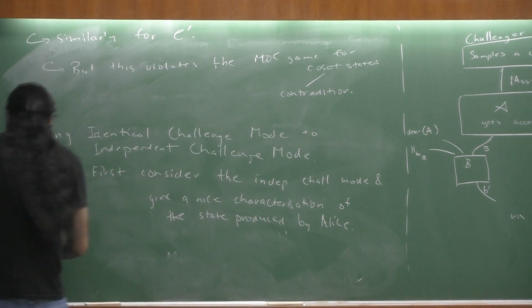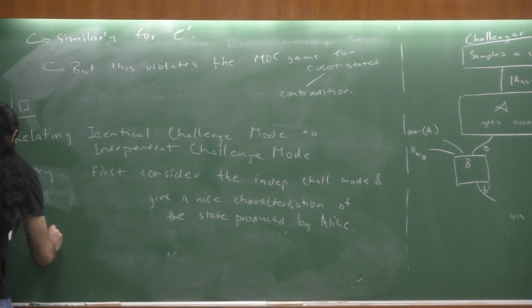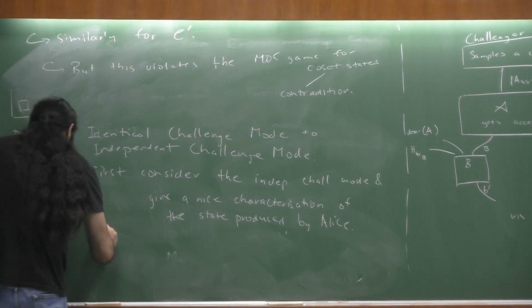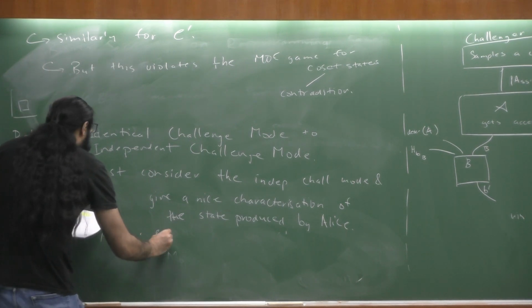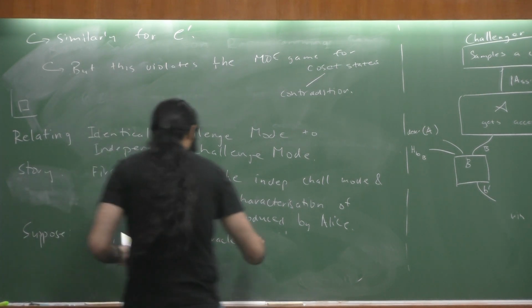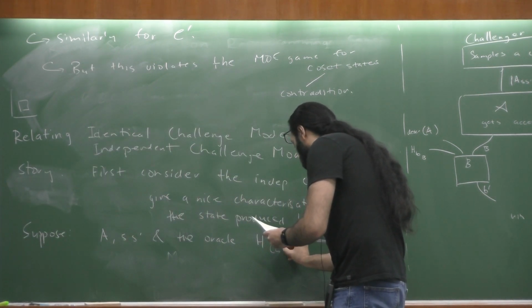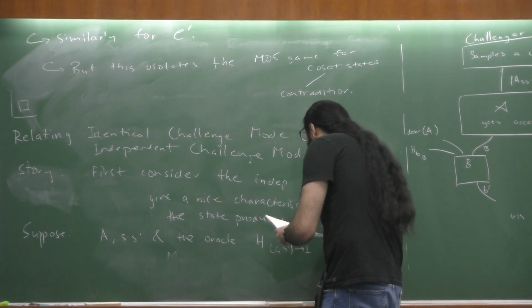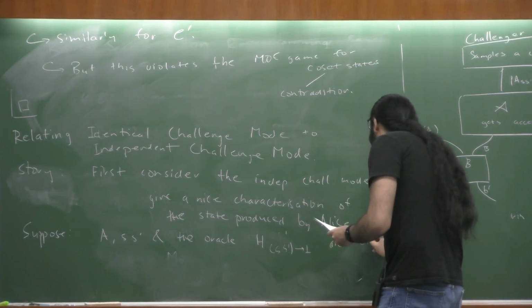Okay, so suppose A, S, S prime and the oracle H of SS prime going to perp are chosen randomly.